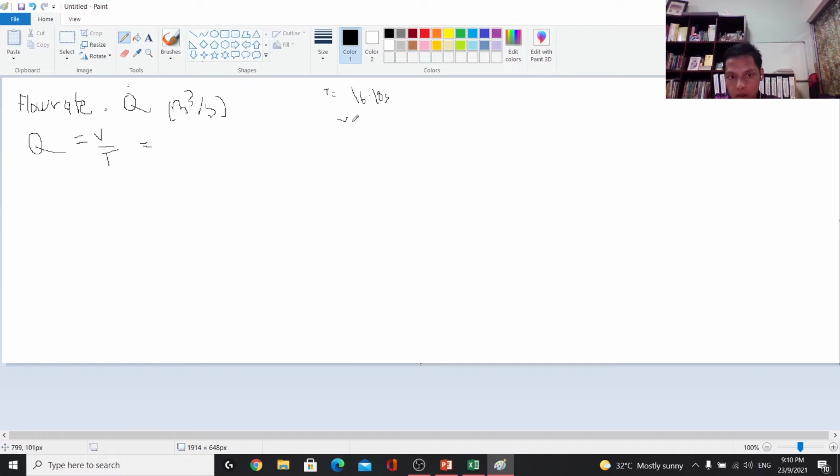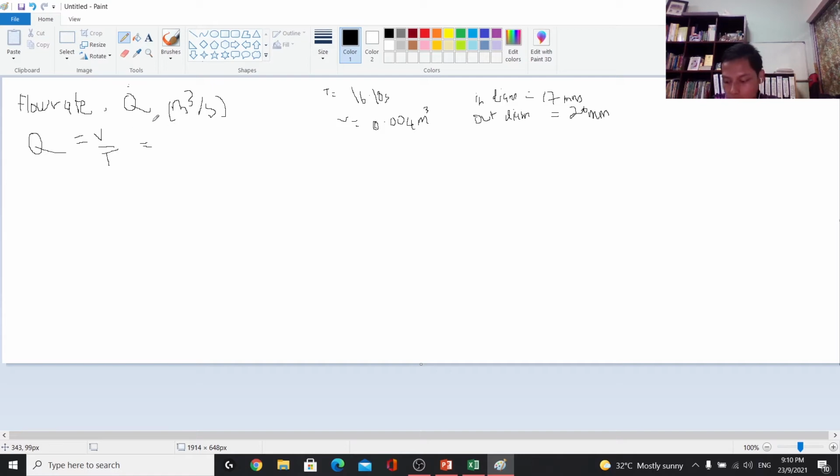V is actually given as 0.004 meter cube. Inner and outer, this is the diameter. The inner diameter is 17 millimeter, and the outer is 20 millimeter.